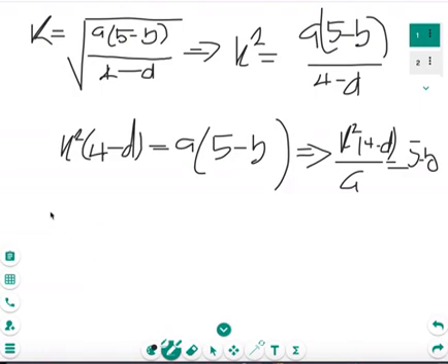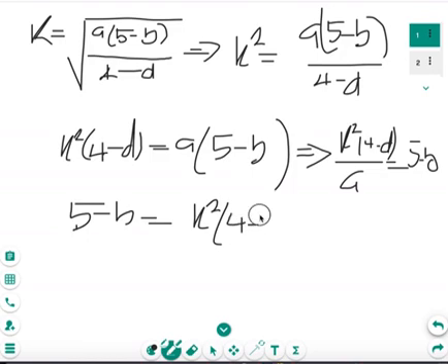So if you have 5 minus b is equal to k squared over 4 minus d over a, now you want to switch this over. You want it to be b minus 5. What do you do?